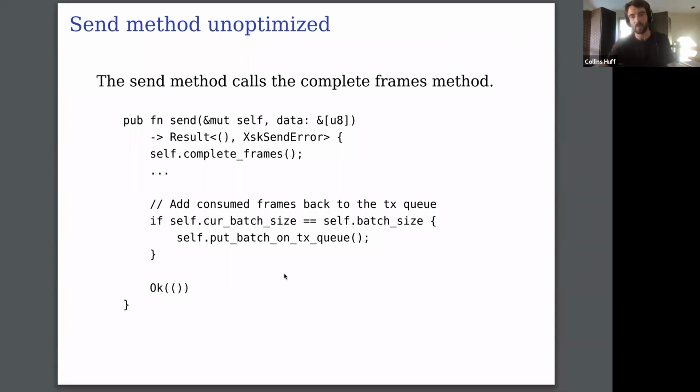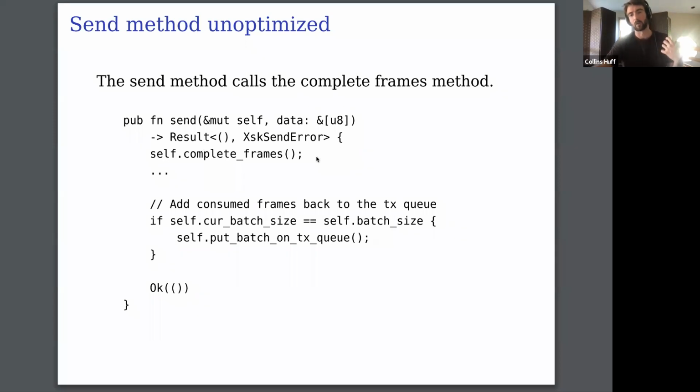And the gist of what the performance issue is here is just me not knowing how to use these features properly. In the send method I'm calling complete frames and put batch on TX queue.